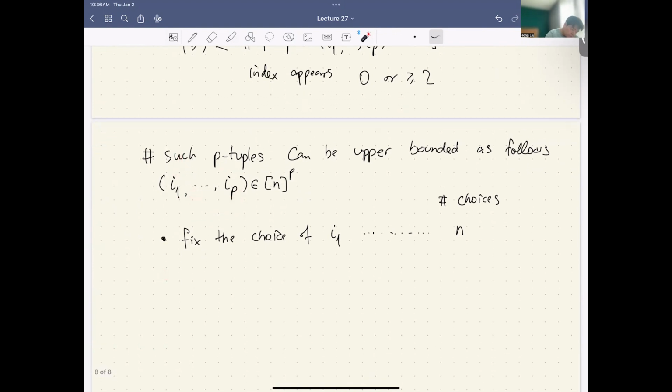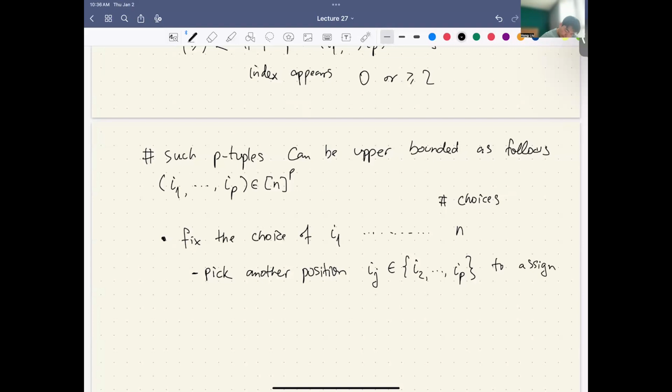Then we need to pick another index, pick another position, some ij in here, to assign the same value as I1.